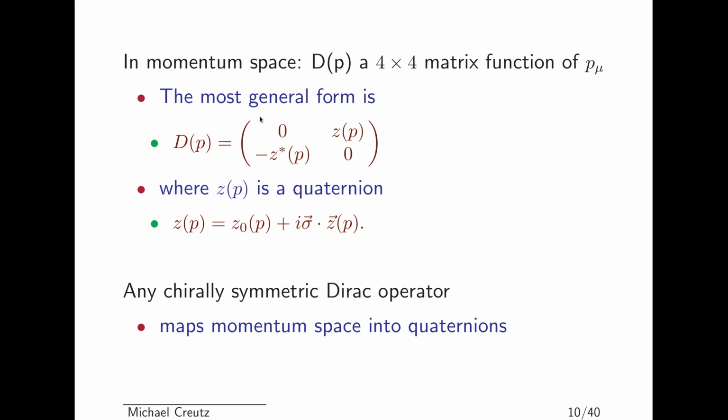And so the most general form of a matrix which anticommutes with gamma 5 is an off-diagonal matrix with two terms in here. These must take the form of z0, some constant, plus i sigma vector times a 3 vector. Any chirally symmetric Dirac operator must take this form, which means it maps momentum space into the quaternions. These are called quaternions.